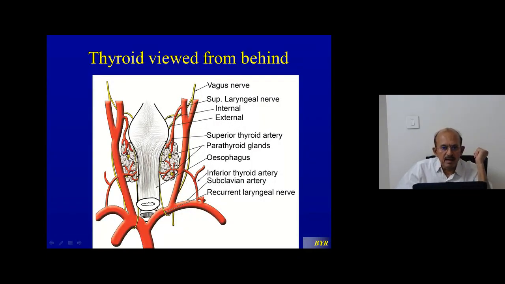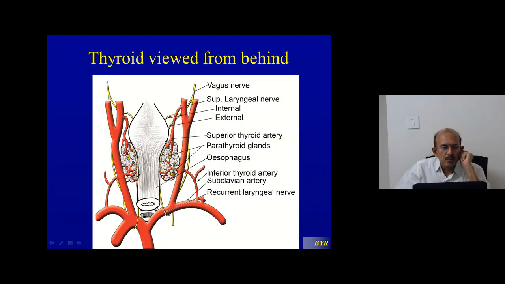Now you can see here the parathyroid gland. The parathyroid gland gets its blood supply from the inferior thyroid artery or from an anastomotic channel that communicates between the superior and inferior thyroid artery, and also from the superior thyroid artery for the superior parathyroid gland.